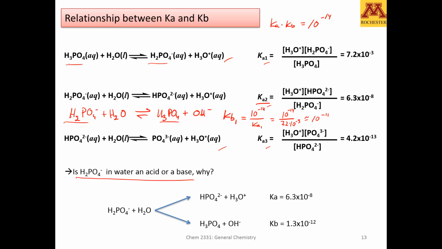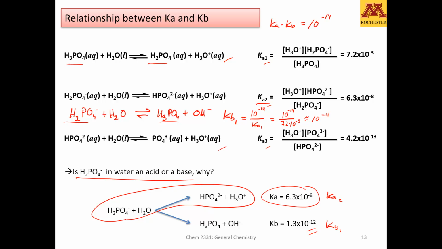How do we know that? Well, if we have written that this is 10 to the negative 8, so this is my Ka2, and this is my Kb1 that I just calculated up here. There you go, it's this value. Notice that this constant is larger.